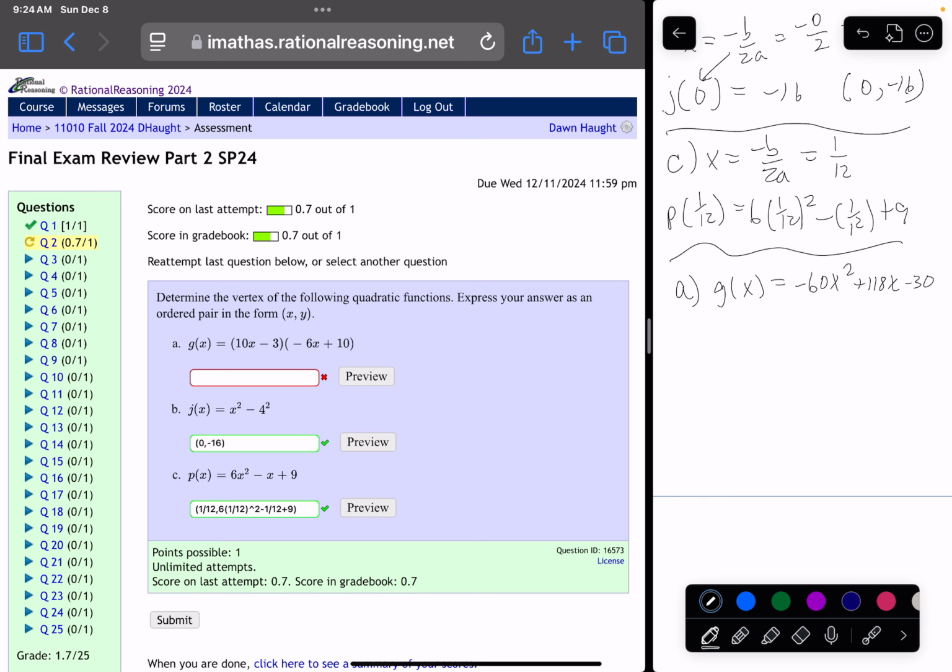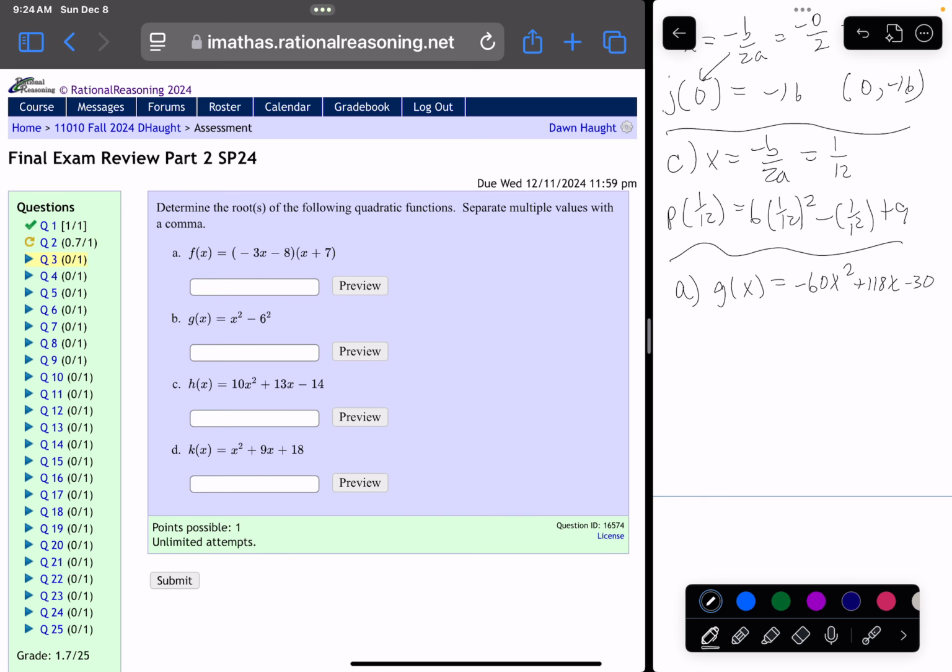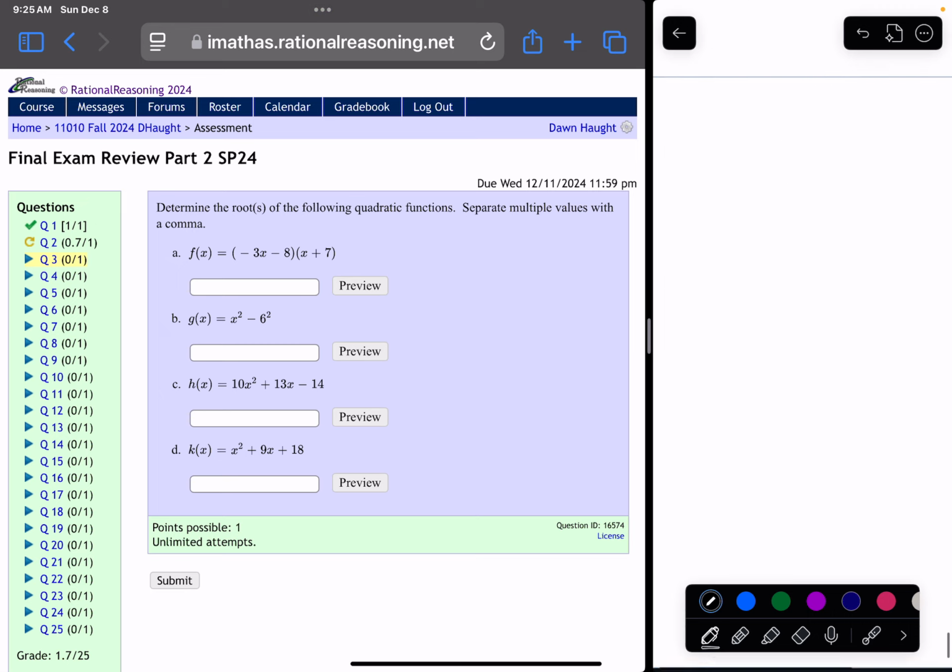Now let's move on to question 3. Determine the roots. Roots are different than our vertex. For roots, we want the factored form. I am going to do 2 different questions for you. For A, the roots are where our factor equals 0. A root is the same thing as a zero, the same thing as an x-intercept.